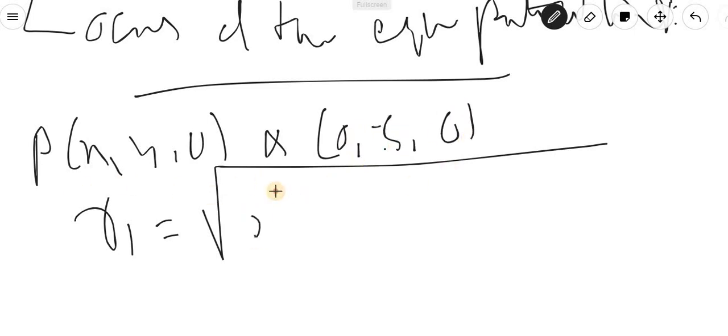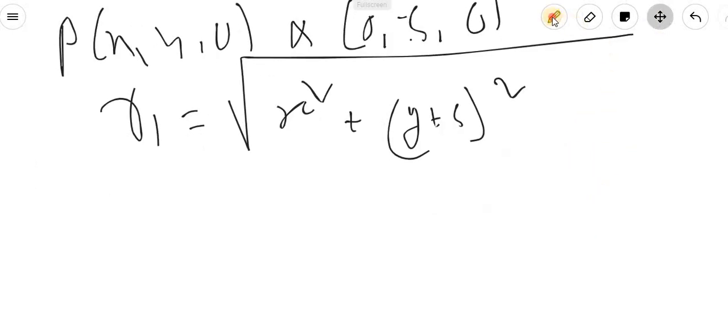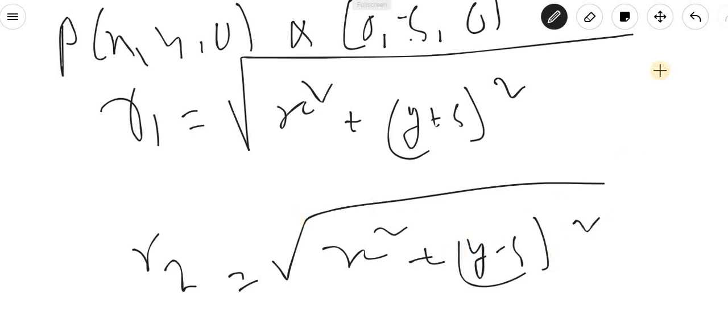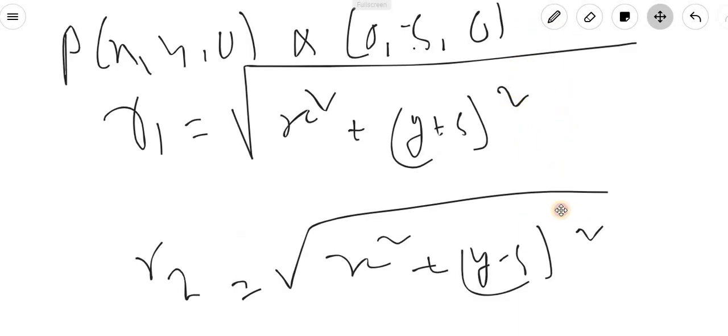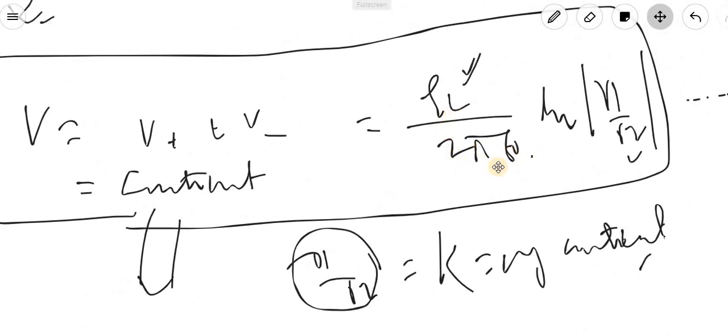So the distance R1 is the square root of x square plus (y plus S) square. And R2 will be the square root of x square plus (y minus S) square. Clear? So what we got is the potential equation: rho L over 2 pi epsilon naught ln R1 by R2.